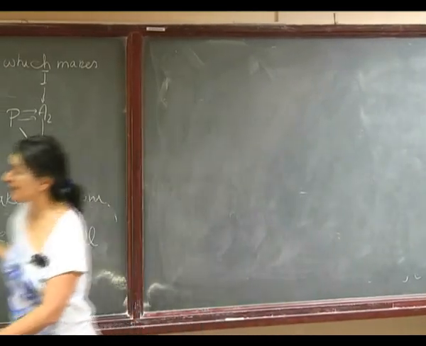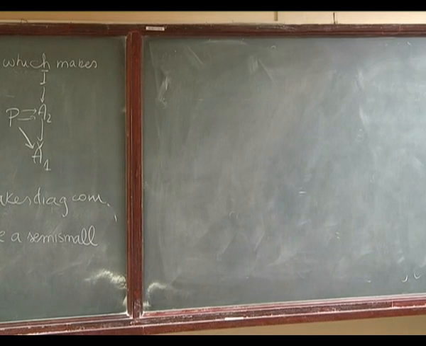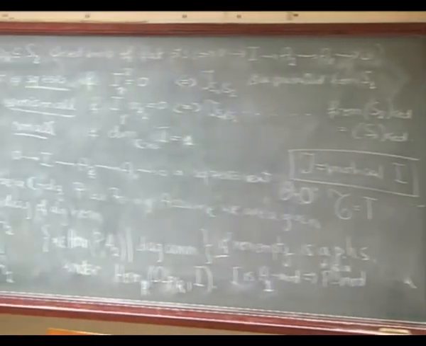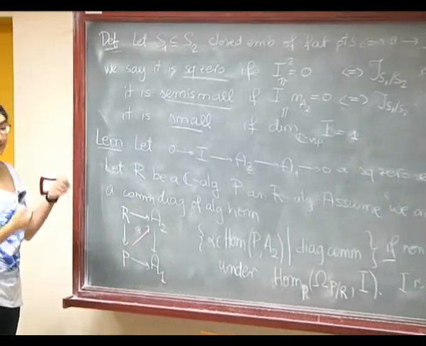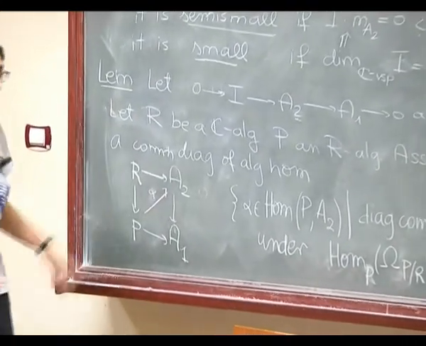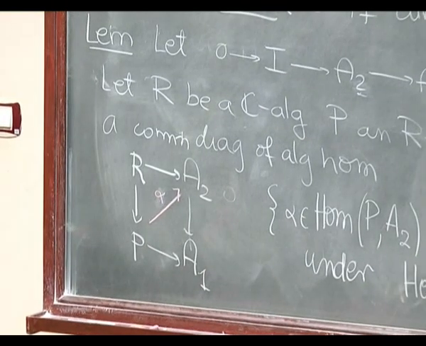So I'm taking this diagram of algebras, and I'm reversing it completely to be a diagram of schemes. So of course I have to turn all the arrows around.